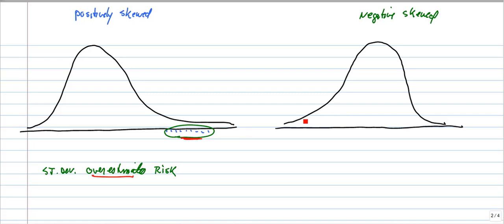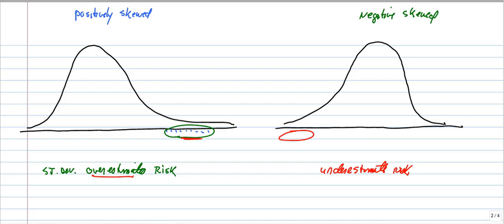Well, a negatively skewed asset actually is going to underestimate the risk. You've just got a few of these extreme low values out here, and most of the returns, again, it looks like over here are positive, but it does increase the estimate of volatility.